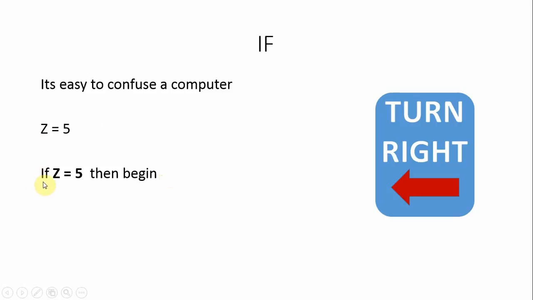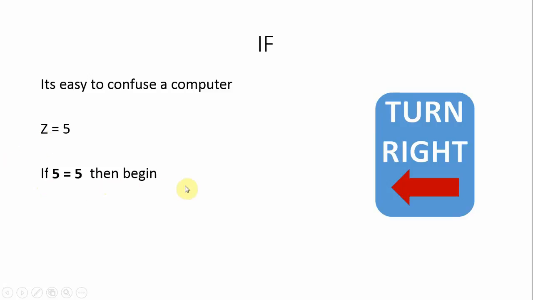Now, the problem with asking this is in many computer languages, it gets confused because when it tries to understand what we've written, remember, it doesn't speak English, it's translating into machine code. So the first thing it will do is it might well translate the z equals 5 to mean 5 equals 5. So it then gets around to asking the question, only it's now saying if 5 equals 5, then begin.